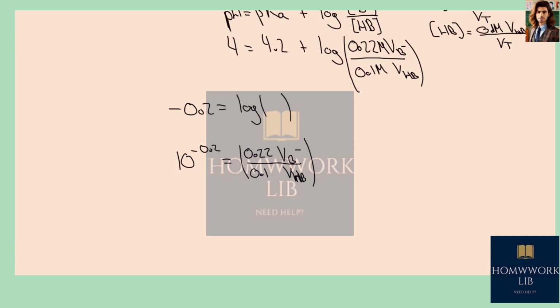So from this equation, we're going to get that the volume of HB is equal to the volume of B minus times a factor, which is going to be 10 to the minus 0.2 divided by 2.2.